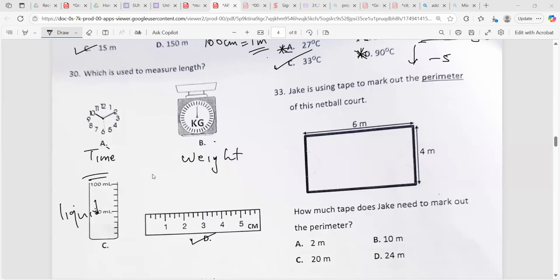Good job, Kylie. Harris, let me check out yours. Good job, Harris. All right, that's good.